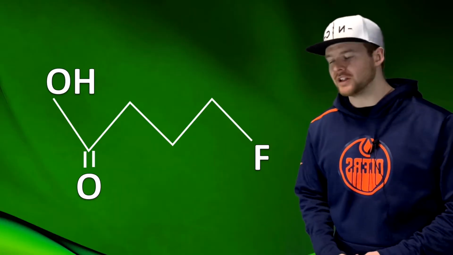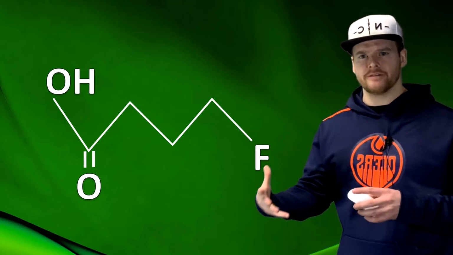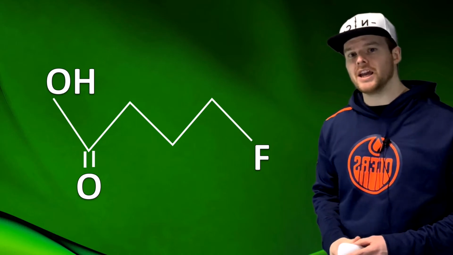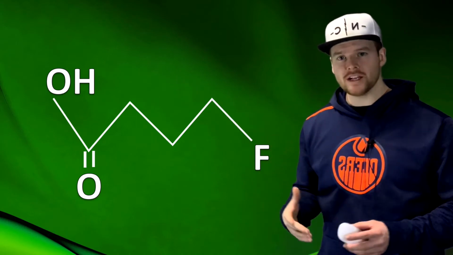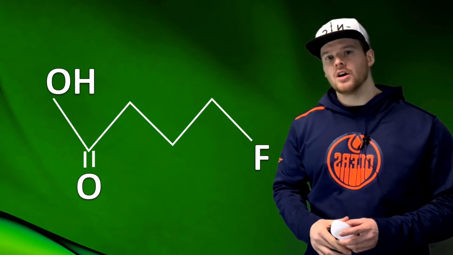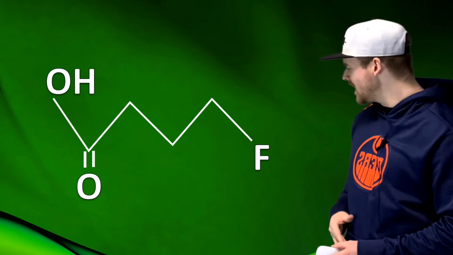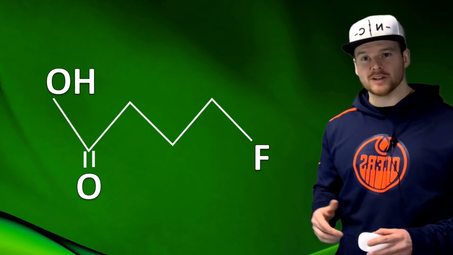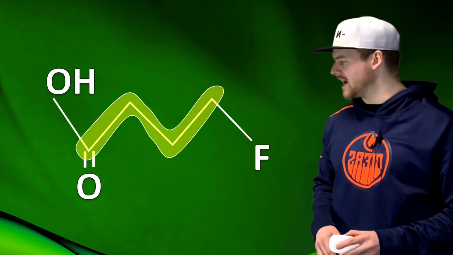And for our last example, another line diagram. This one looks kind of flipped upside down, but we still have that carbon double bonded to an O and then bonded to an OH, so it's a carboxylic acid. And then over here now we have a halogen, a fluorine or a fluoro branch there. So let's take a look at naming that. Again, find our longest chain.